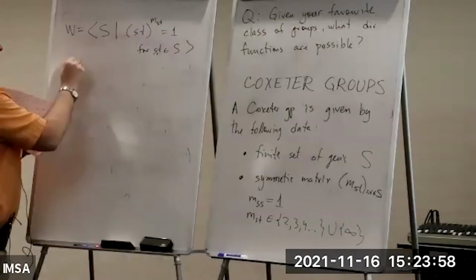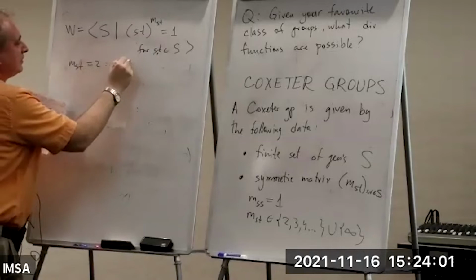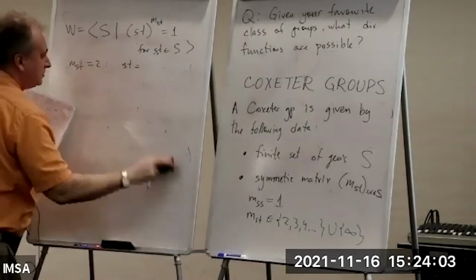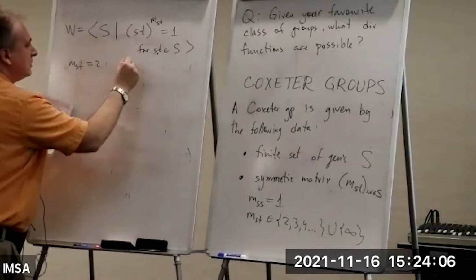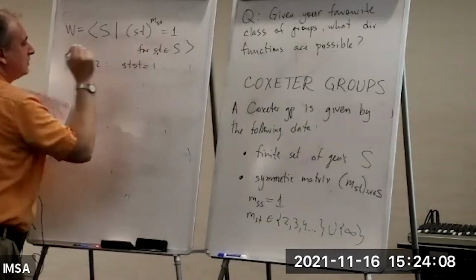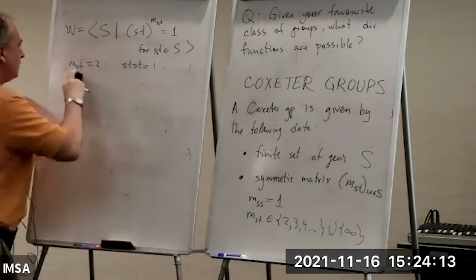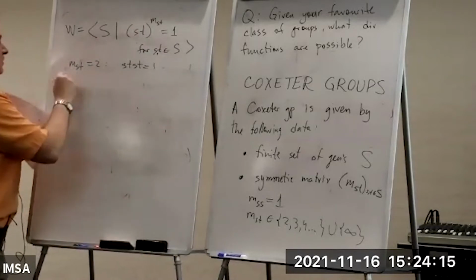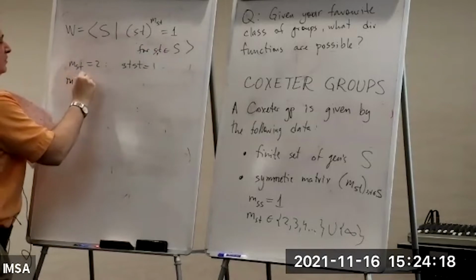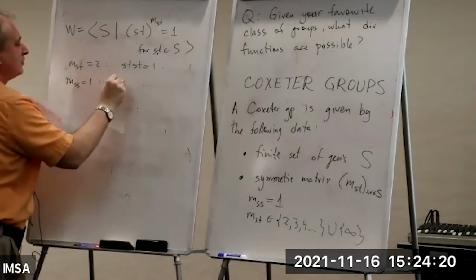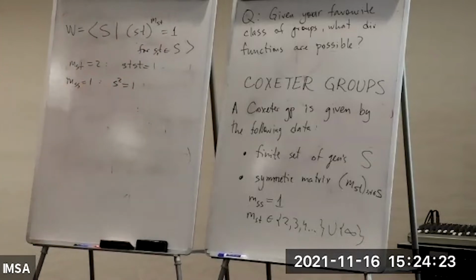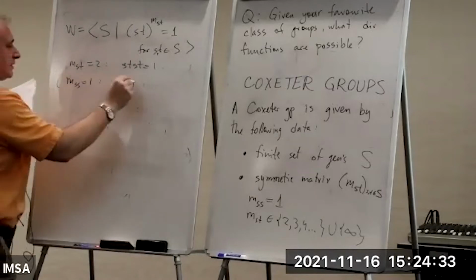So m_st equal to 2 means that we have st equals ts. And m_ss equals 1 means s squared equals 1. So in an exact sense, Coxeter groups are quotient groups of Artin groups by this relation.